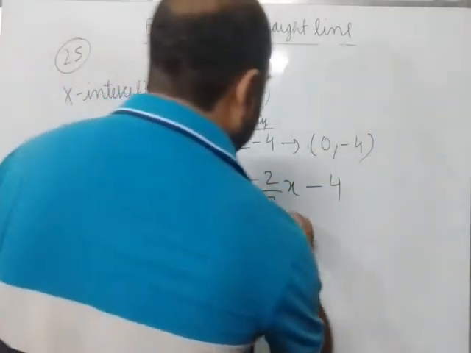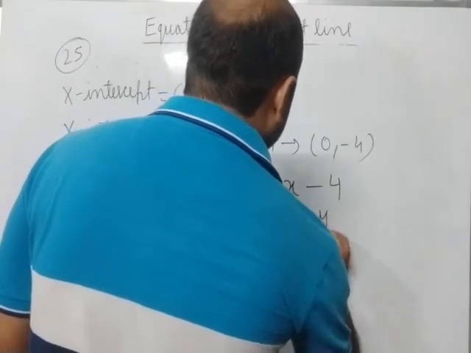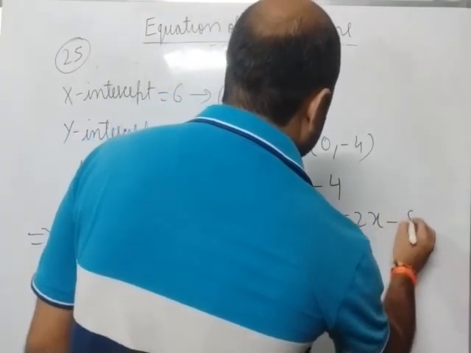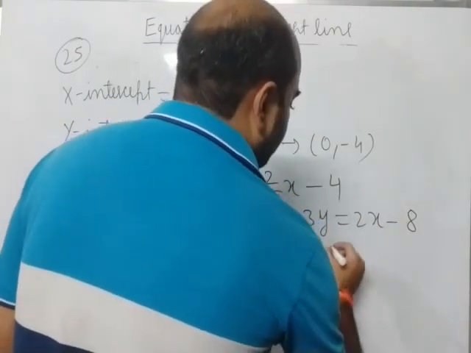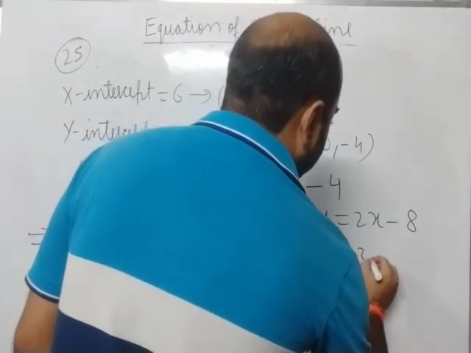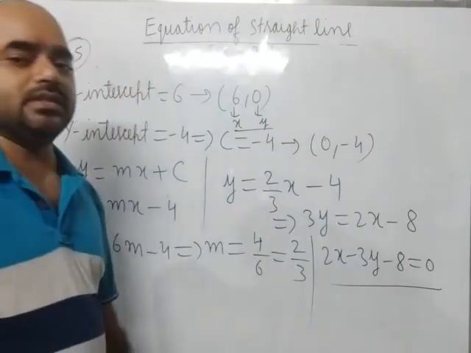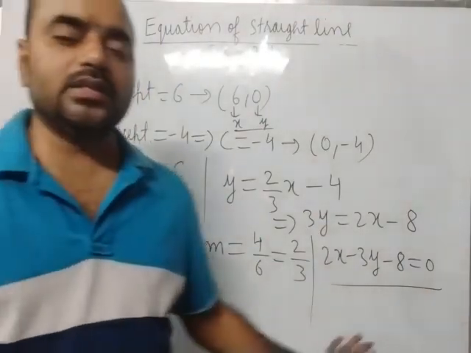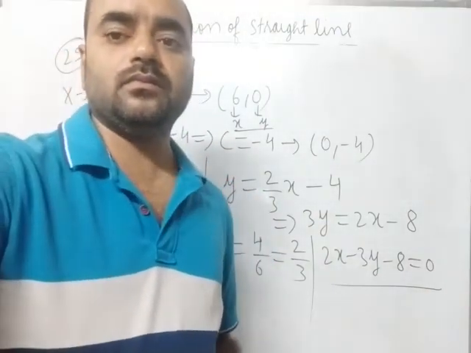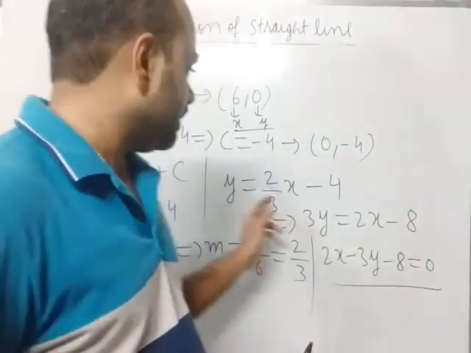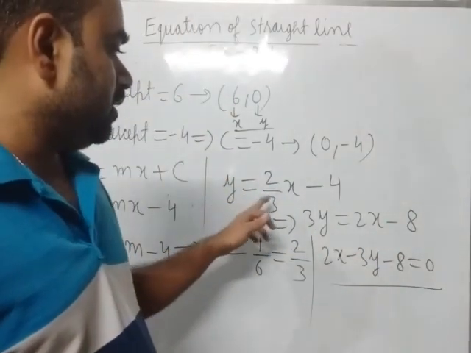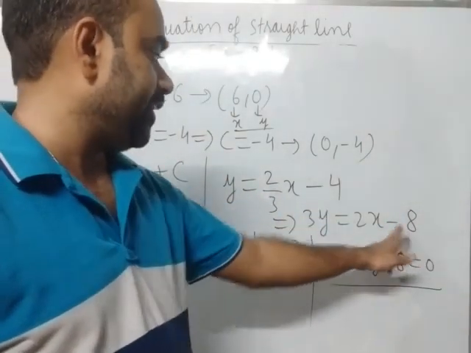Then finally this equation becomes 3y is equal to 2x minus 8. It means 2x minus 3y minus 8 is equal to 0. Understood? Okay, clear?